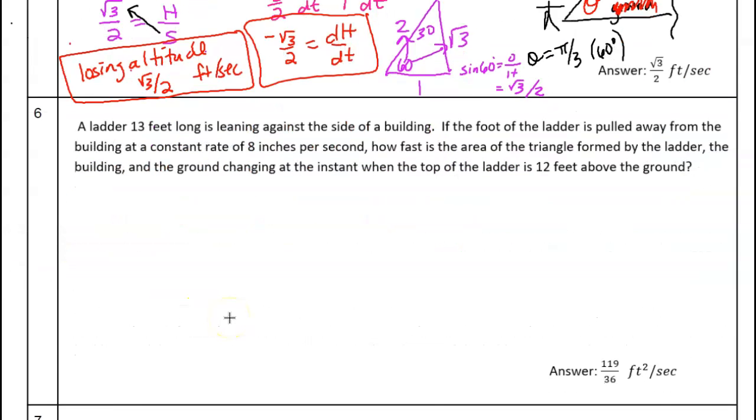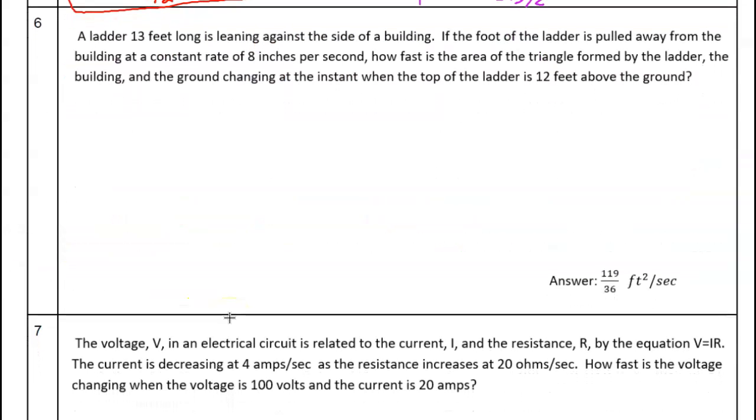All right, number 6. This one seems so innocent, but it is a lot more complicated than it looks. All right, so what we have is a building, and we have a ladder, and here's ground.